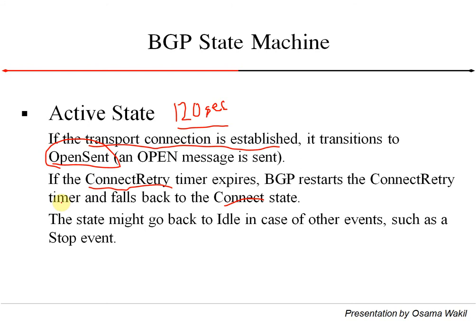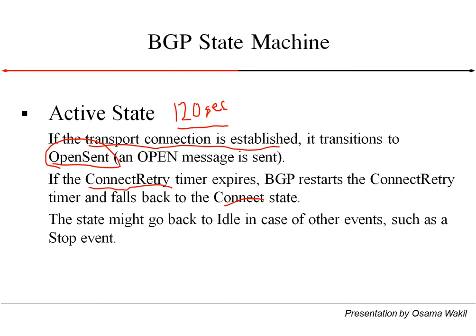Now the question arises: what could be the problem that makes it jump from active to connect? What could be the reason TCP is not establishing? It could be a TCP retransmission issue, or the TCP protocol could be blocked, or most likely port number 179 is blocked.